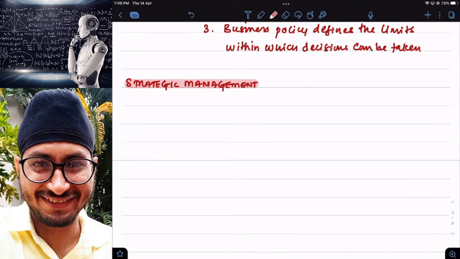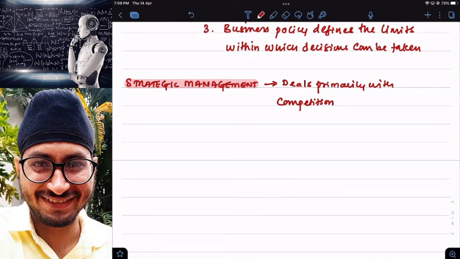What is strategic management, sir? It deals with competition. Simple. Strategic management deals primarily with what? With competition. Sir, because of globalization, because of international trade, a lot of competition is there. A lot of fight is happening between the companies. Every company wants to beat the other company and become a number one company.